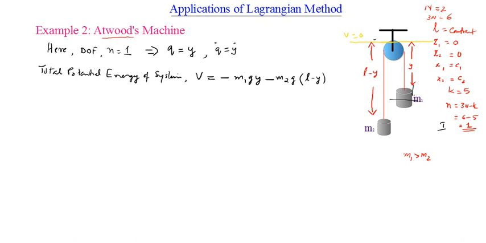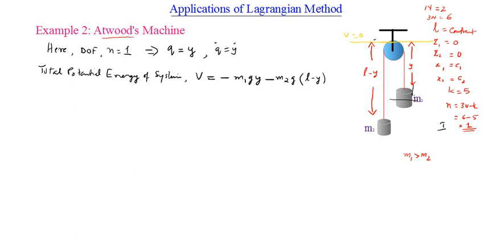Because during the motion of the system, during the dynamics of the system, the reference level will be getting shifted. That is not fine. That will make our calculations much more complicated. So always fix the 0 of the reference level at some point of the problem which is fixed, with reference to which you can make all the potential energy calculations. Better I can fix it to the pivot point or to a convenient reference fixed point.